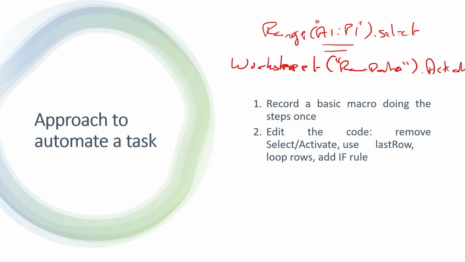All right. Things like that. That's what it does. So normally when you do Select, it's like selecting a range, but Activate means you are working with a particular worksheet. That is, it activates that worksheet. And you might want to remove that because not always do you want to work within a particular worksheet called raw data. Okay.